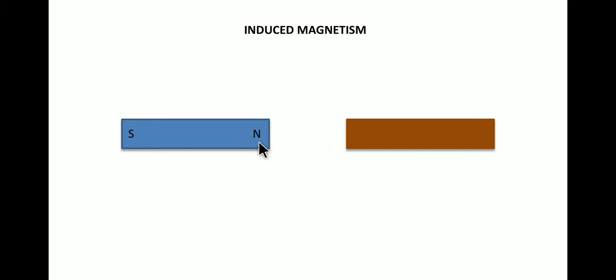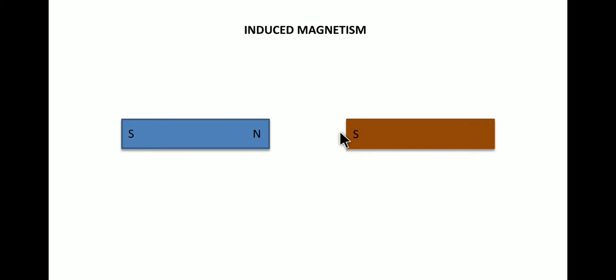This means the magnetic lines of force will pass through the magnetic substance, and it will induce a south pole in this particular part of the magnetic substance.